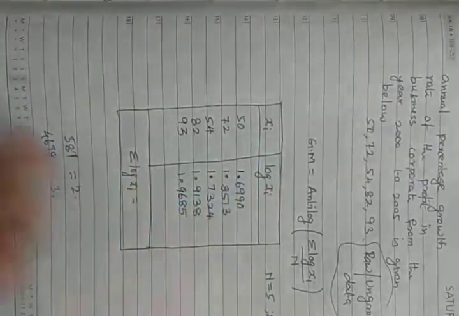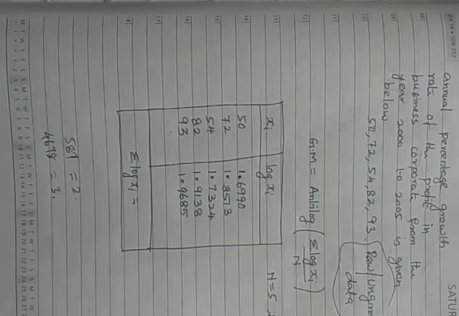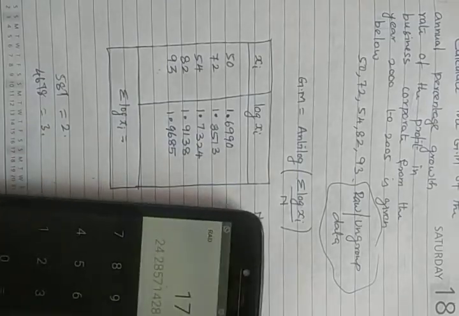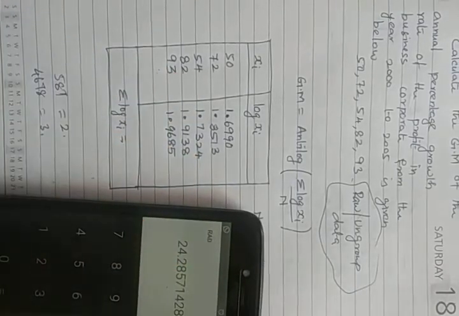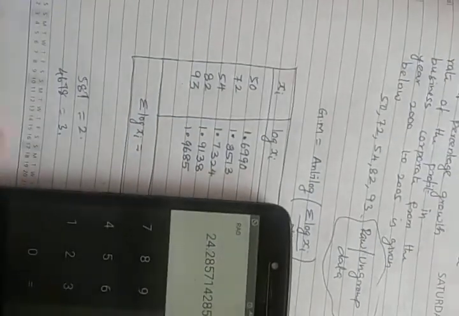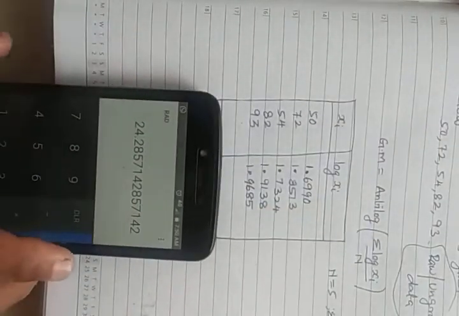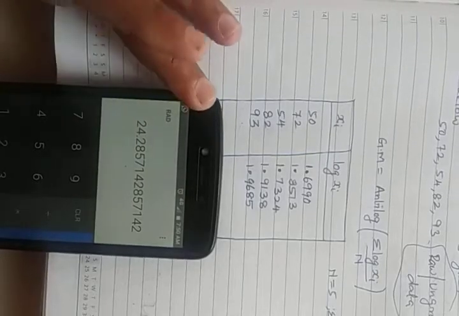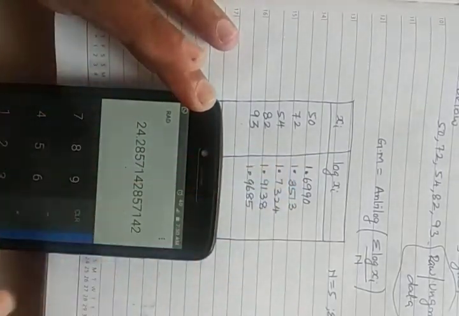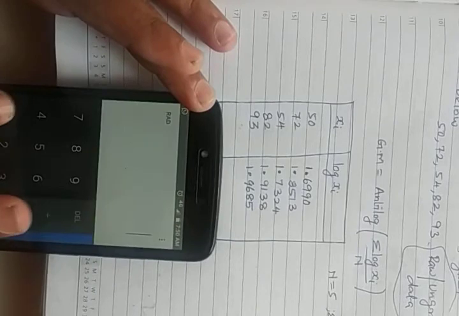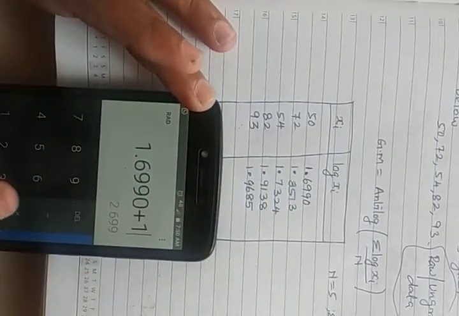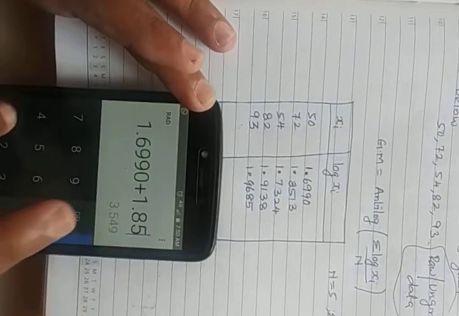Now you just total it. We have to add it. I will use calculator. You can use calculator in your exam also. That's why I'm using this calculator here. You can see what's the first value. I will calculate here. So what's that value it's coming? You can check and tell me now. Okay. So first value is what we are getting. 1.6990 plus next point is 1.8513.